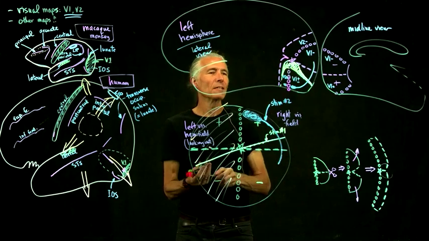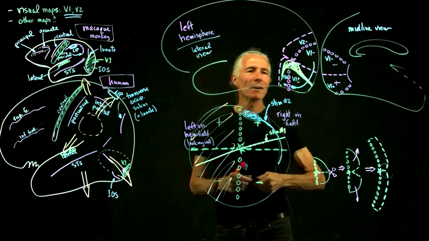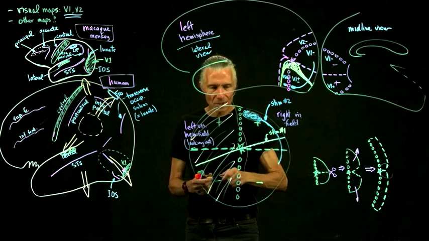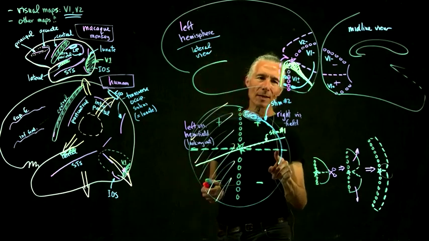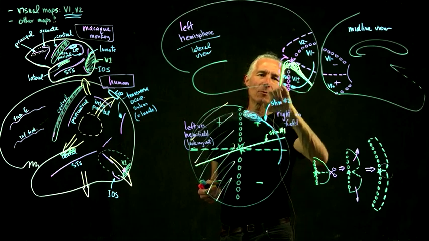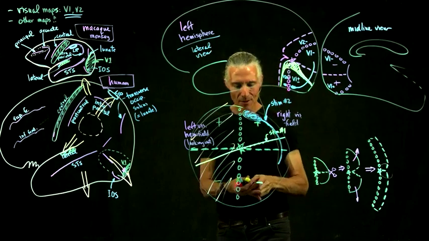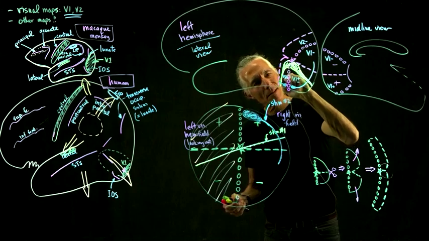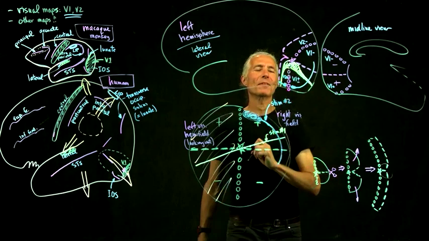Okay, so that's all good. And now, what are we going to do? We're going to head toward the horizontal meridian, so we'll cross our other line. So we'll head toward the horizontal meridian, but now we sort of go off the edge.